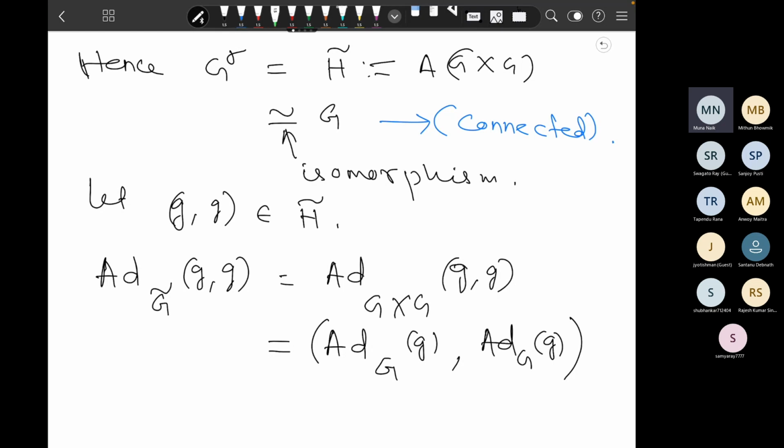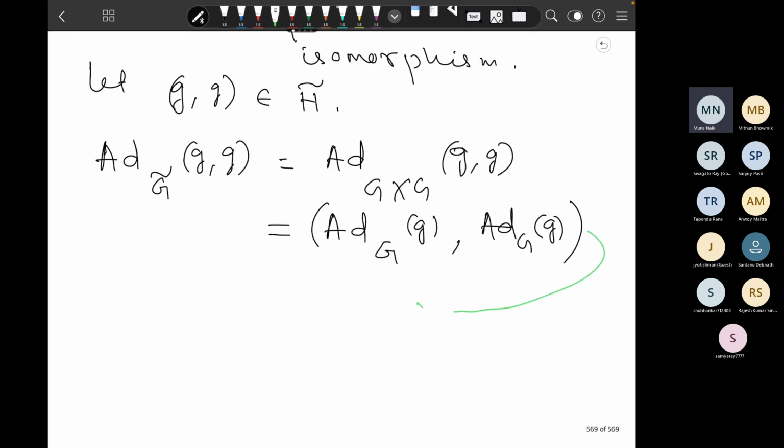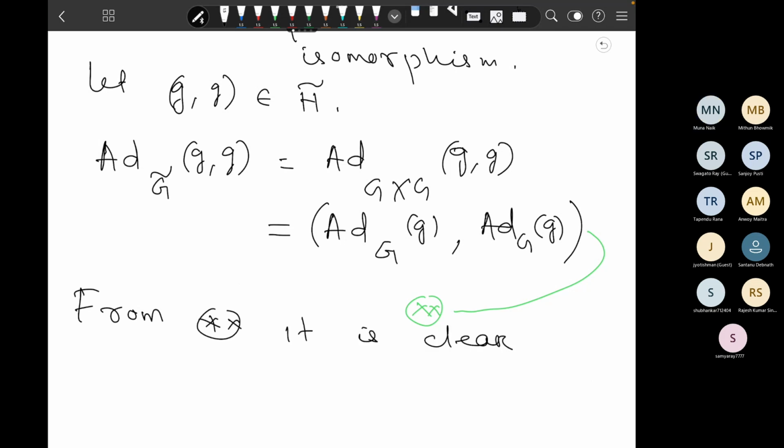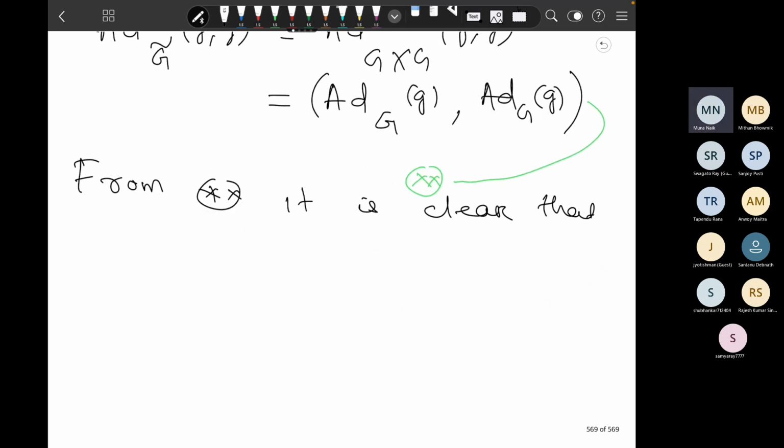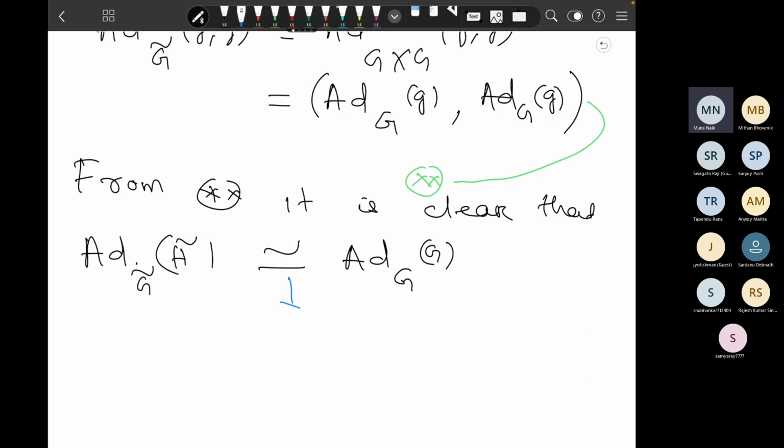So if you look at this thing, they say star or double star. So from this double star, it is clear that this Aut of G tilde, S tilde is isomorphic to Aut of G. This is a group isomorphism.